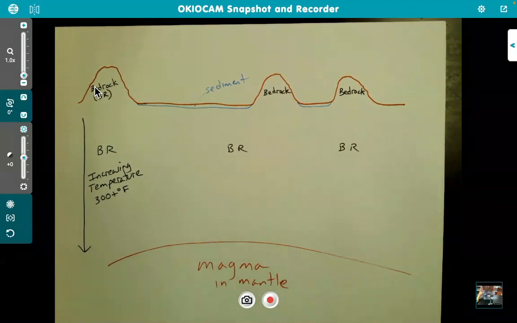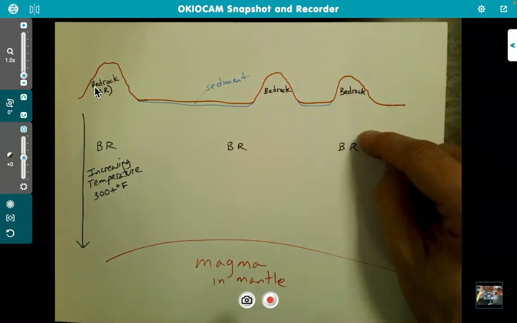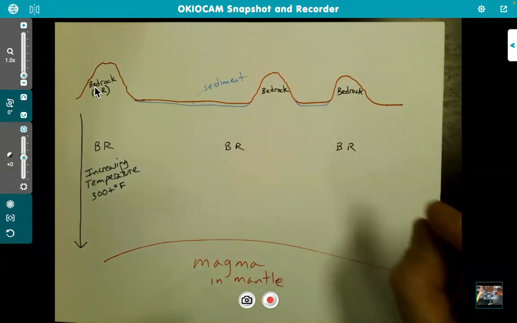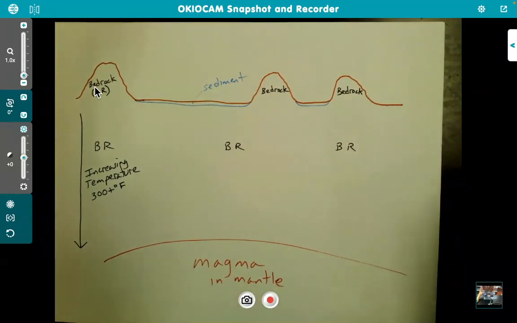Which brings up a question. If this is bedrock and it's solid, and this is magma and it's molten, someplace in between, we know that rock gets soft. It can bend, not melt, but get bendable, kind of like the putty did when it got warm.